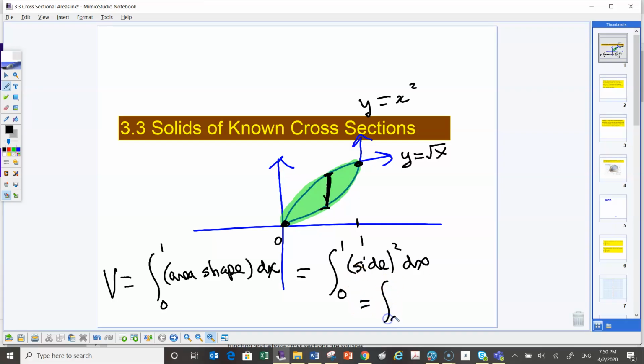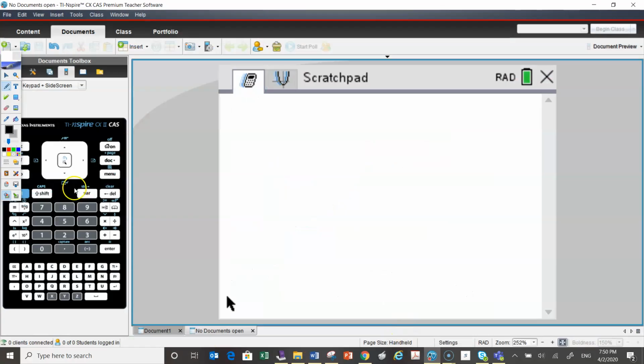So it's going to be the integral from 0 to 1 of the top of the slice, which is root x, minus the bottom of the slice, which is x squared. So that's the side length. And since it's a square, to find the area, you must square the side length, and that would be the integrand.